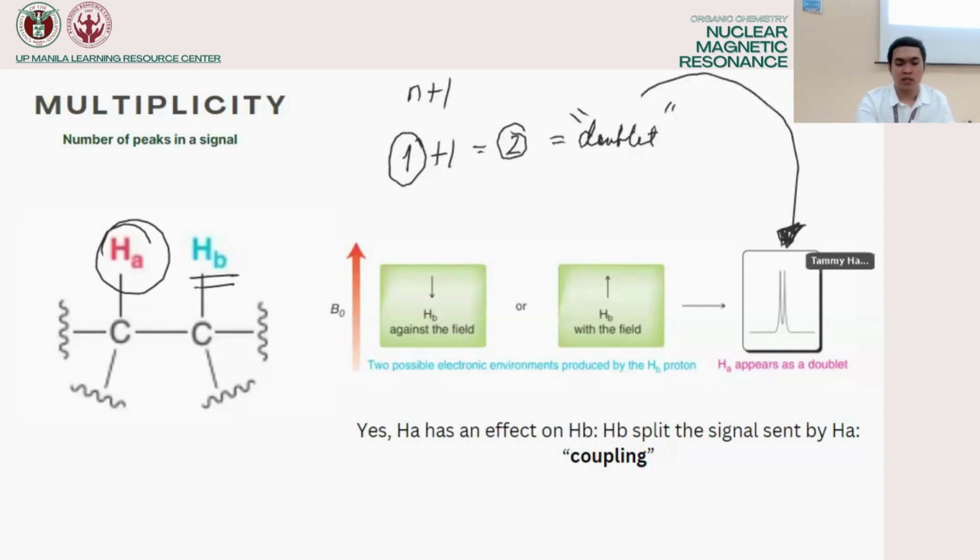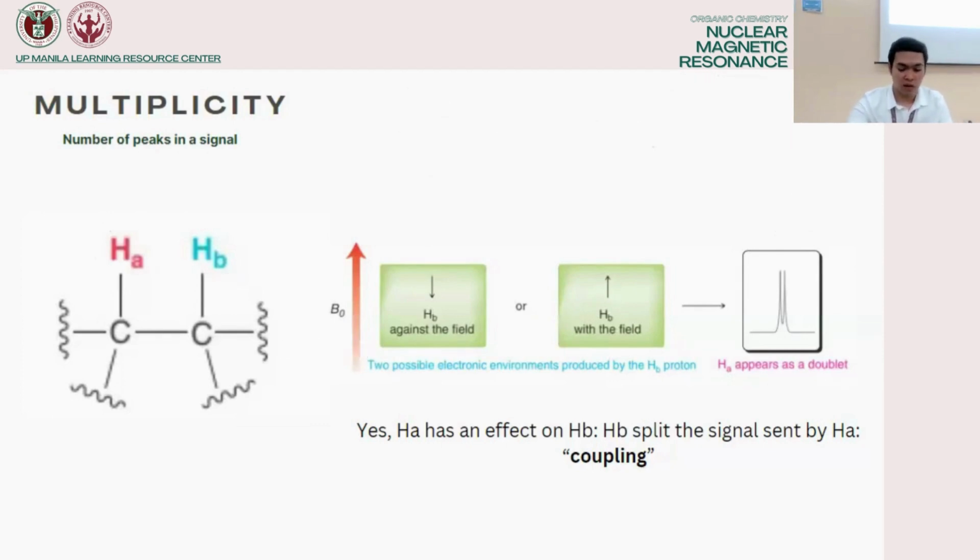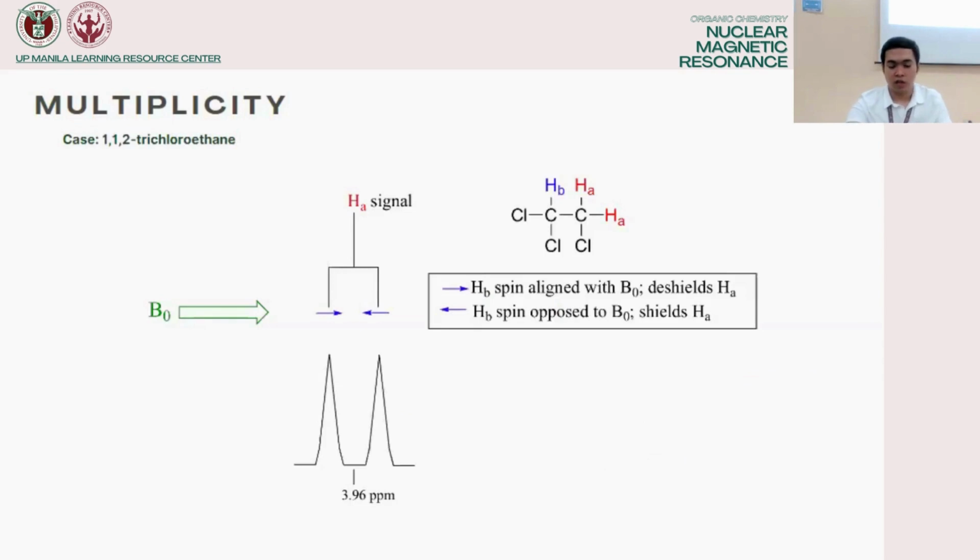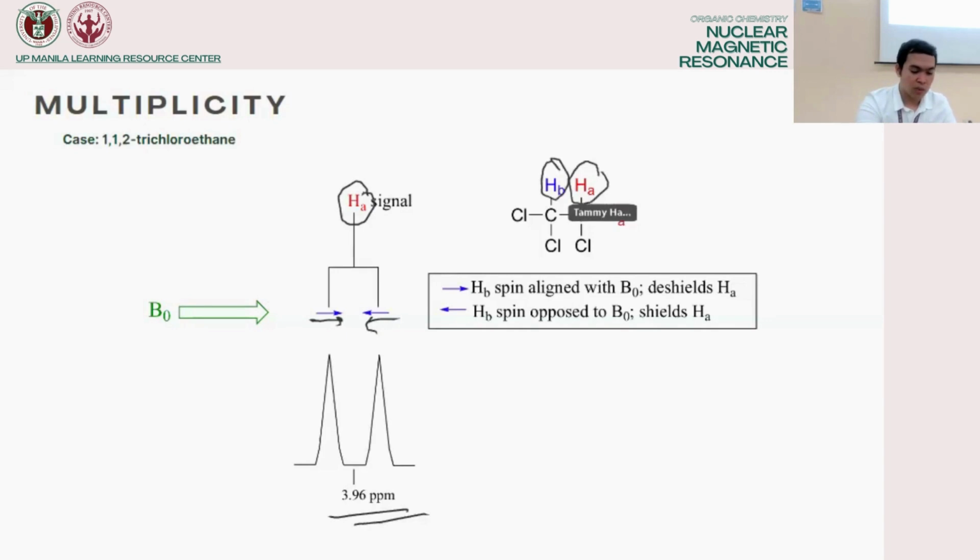This multiplicity is a pattern. So what if you have another neighboring atom here, another HB? What happens? This is the splitting I mentioned: it can be with the field or against the field, so it becomes a doublet. This is your HA, and HB is different from HA. The nature is different.